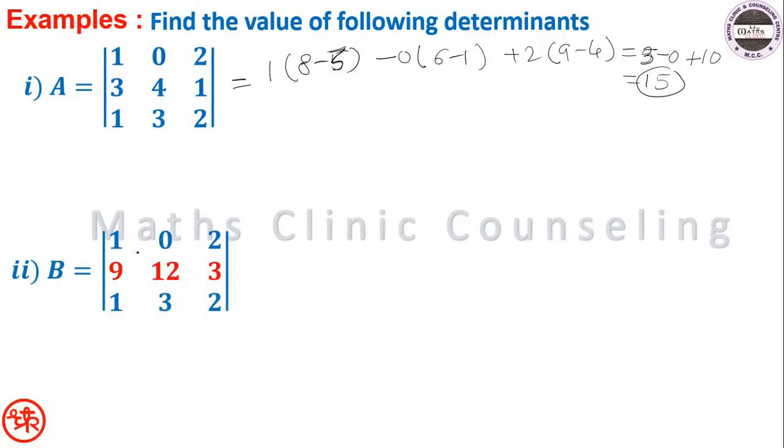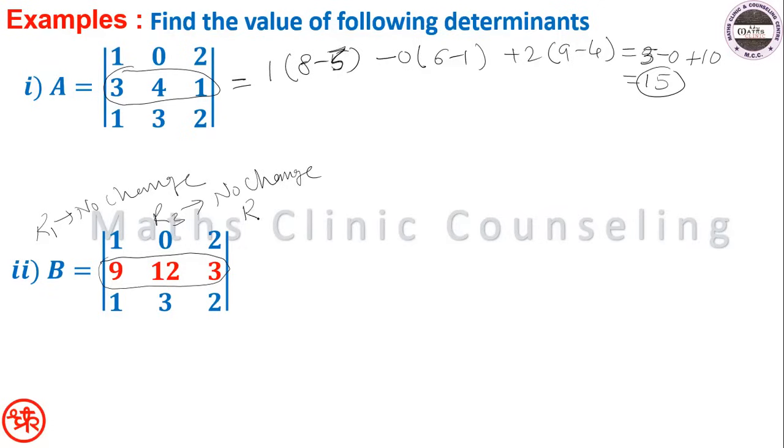Now let us see another one. Look at the second row here. What is the relation between the second row of the given matrix A and the second row of matrix B? You will find that R1 has no change, 1 0 2, 1 0 2. R3 has no change, 1 3 2, 1 3 2.